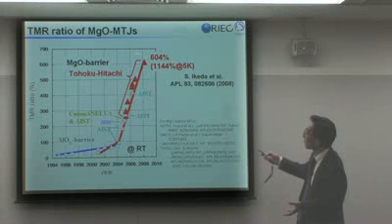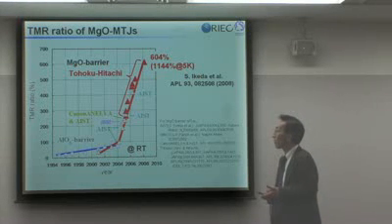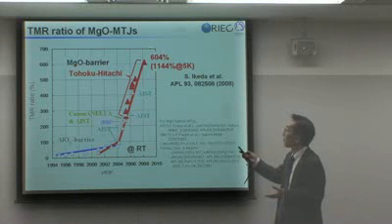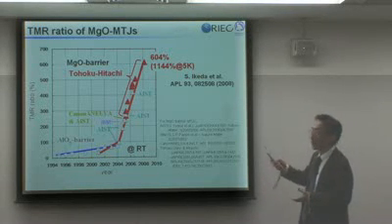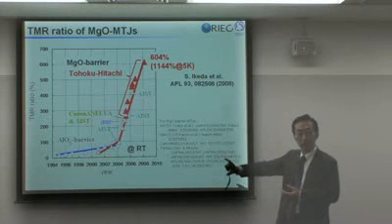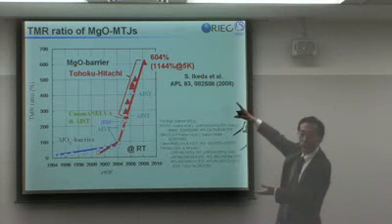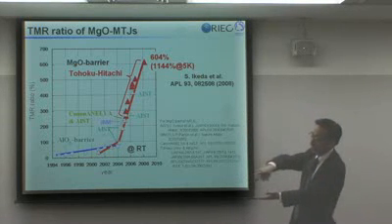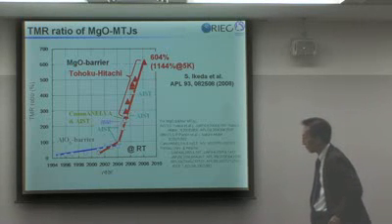We also have shown that even with single barrier MgO tunnel junctions, we can have a rather large TMR ratio. 600% means that if your base resistance is 1 kilo ohm, your resistance change is 6 kilo ohm. So you can change 1 kilo ohm to 7 kilo ohm. That's what 600% means.